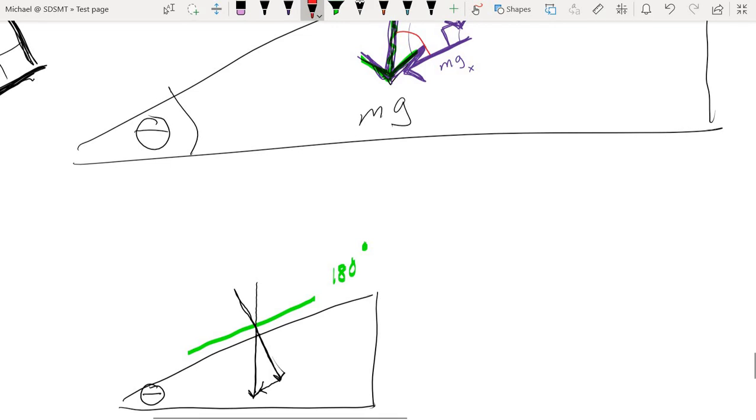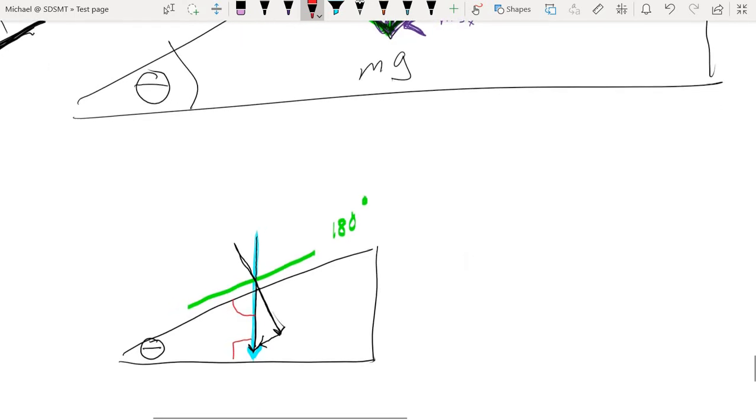We already have theta down in the bottom left-hand corner, and our weight vector is dropping straight down, and that's kind of making a right triangle that's utilizing theta.